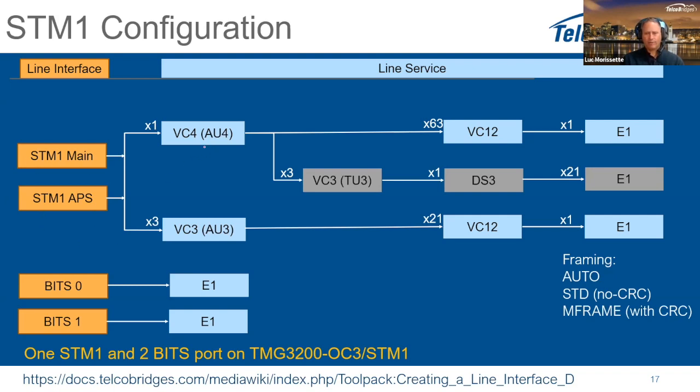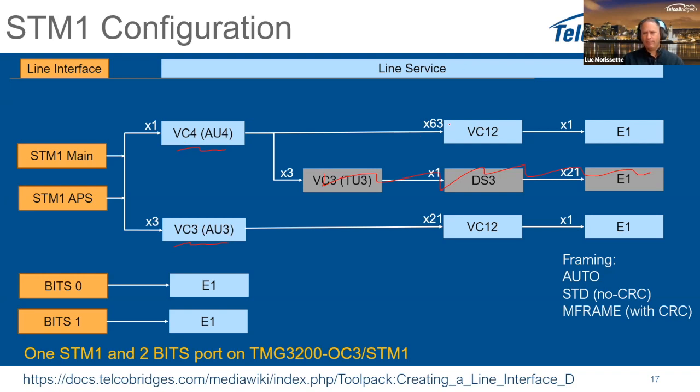In the STM1 configuration, you can have VC4 or VC3 type of service, and I've seen both being used. In the VC4, you could have VC3 here, but like I said, sometimes we don't see these types of configuration in the systems.